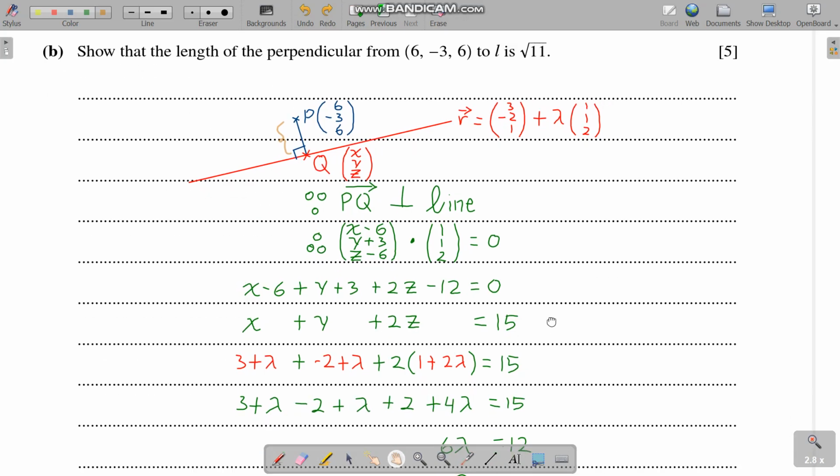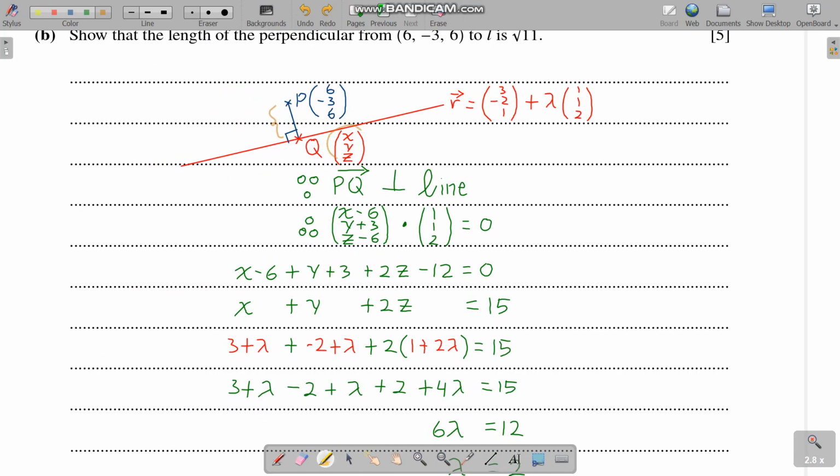And since the x, y, z, the point Q, is on this line, we can always replace x with 3 plus 1 times lambda. So we replace x with 3 plus lambda, and we can replace y with minus 2 plus lambda, and the z with 1 plus 2 lambda.